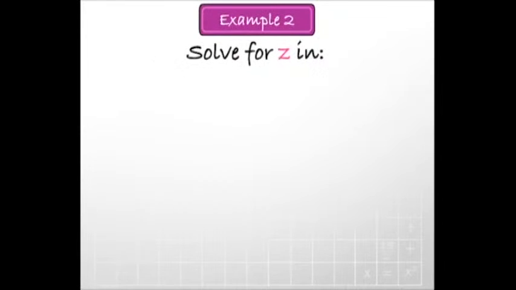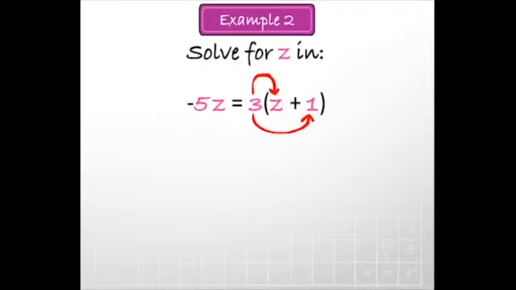Solve for z in minus 5z equals 3 times z plus 1. Again, we need to use the distributive law and multiply the 3 into the brackets. So we get minus 5z equals 3z plus 3.